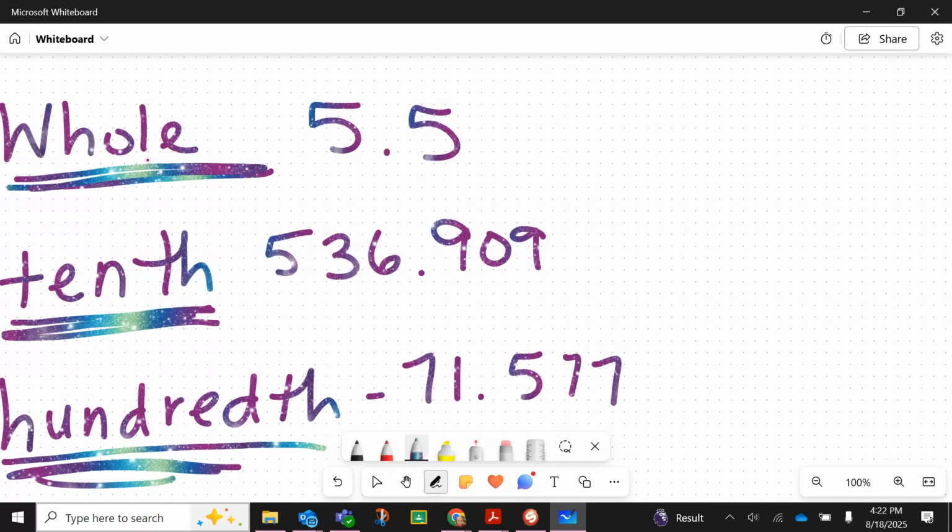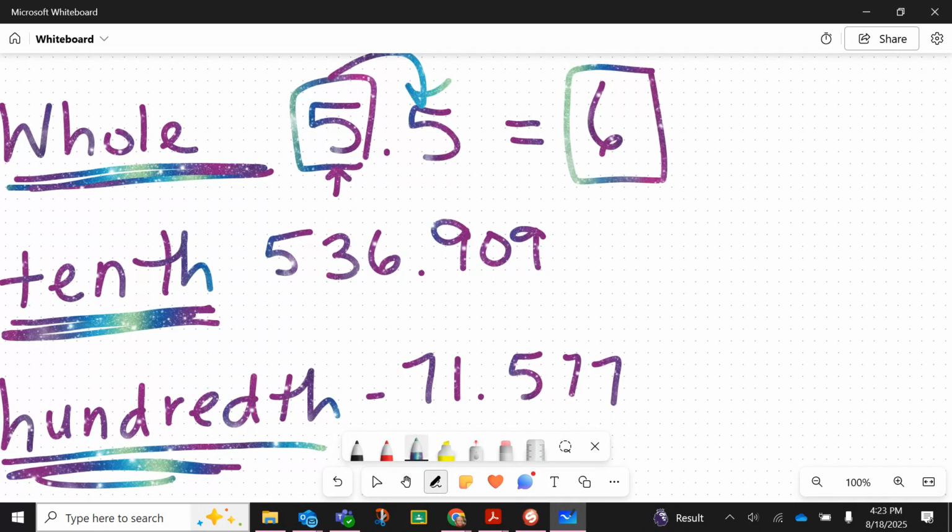So whole number, again, pause, go ahead and solve it, and then see if we match. All right, so 5.5, the nearest whole number, I'm going to find that ones place. Go next door. The 5 tells me 5 or more, raise the score. So my 5 is going to be rounded up to a 6. Here, we're going to the nearest tenth.